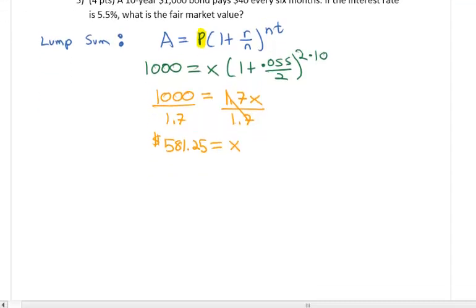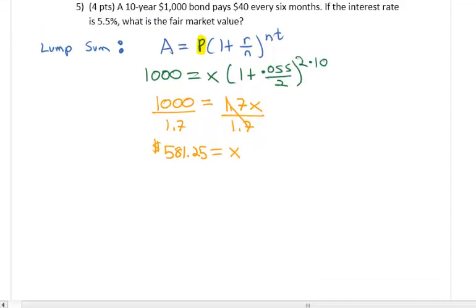So, the second half of the problem is those payments. We are getting $40 every 6 months, and those payments are paying down a loan.